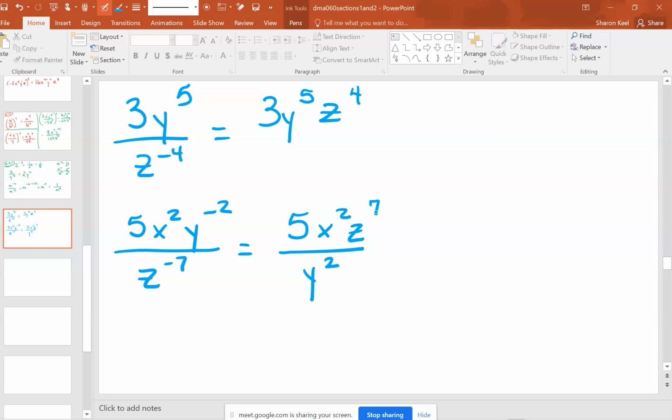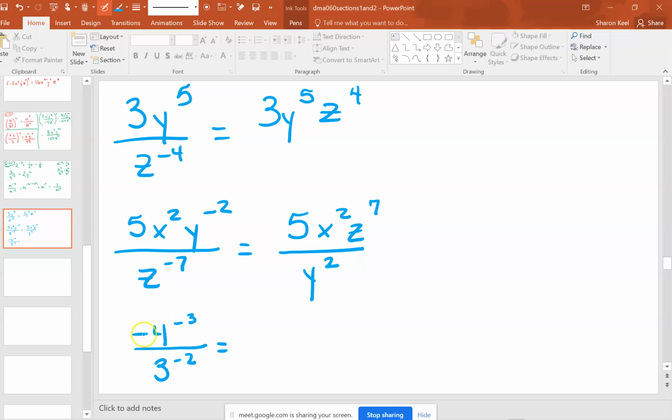Okay, and then we have a negative 4 to the negative 3rd, and then we have a 3 to the negative 2nd. Okay, so what's going to happen here is this is going to come to the denominator and become a positive exponent.